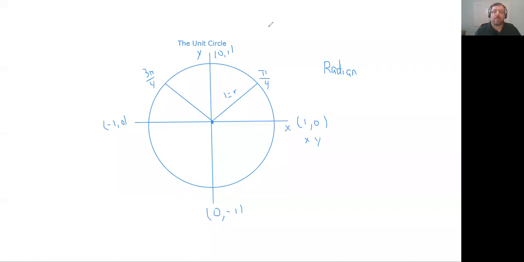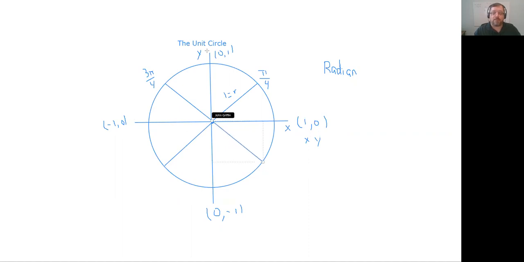Okay. So, and if I draw another line here, and I draw another line here, connect that line there. Let's draw another line here.